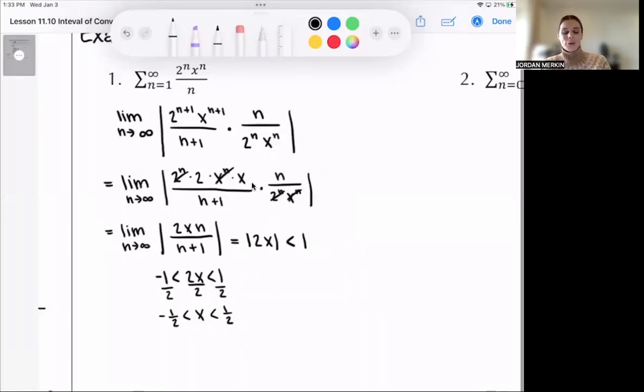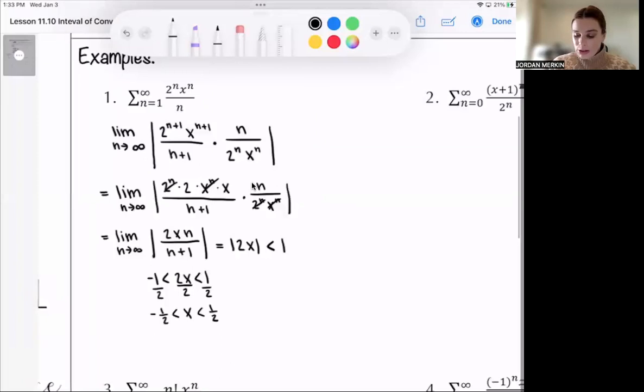Now be careful, because you actually have to check the endpoints in order to confirm or say that it's not including -1/2 and 1/2. So what we're going to have to do is do a little check step off to the side.